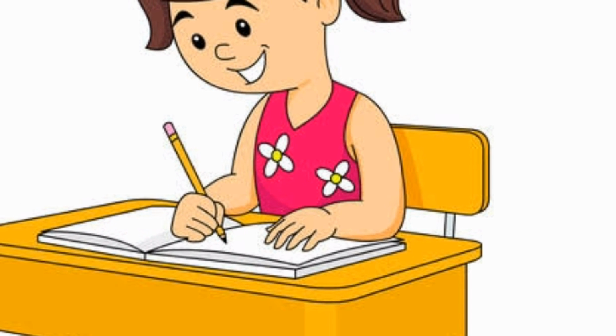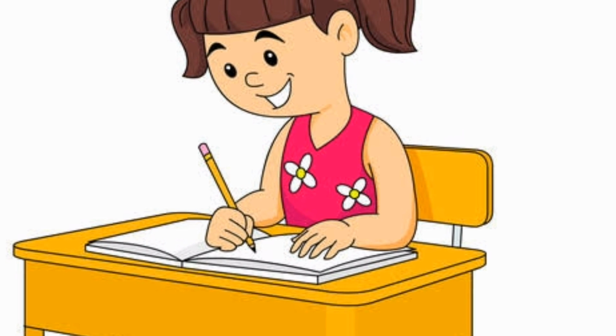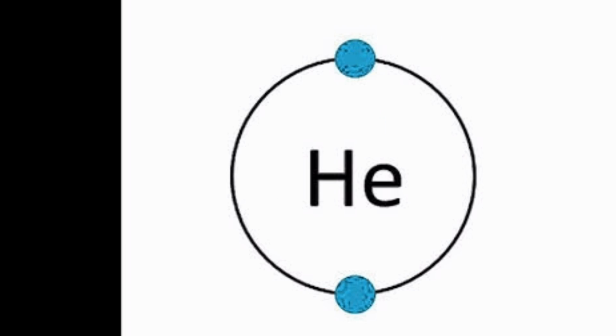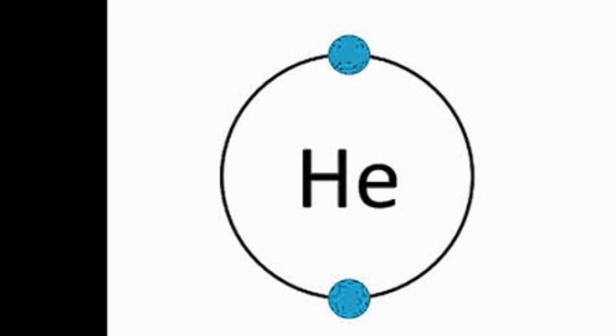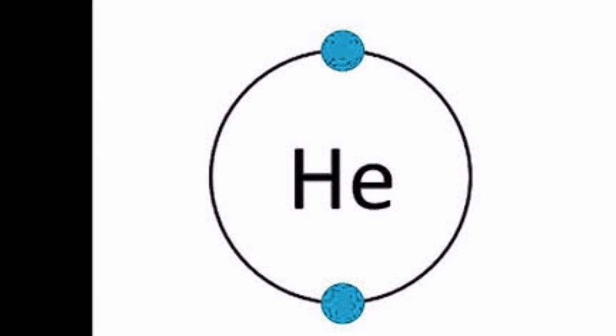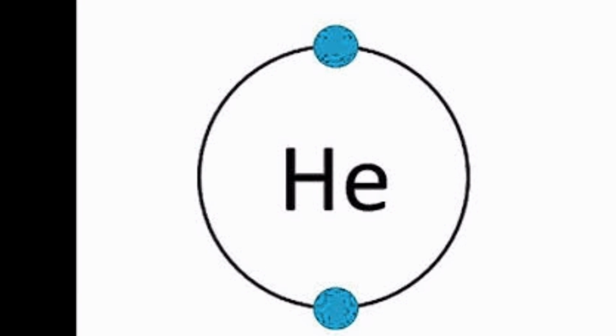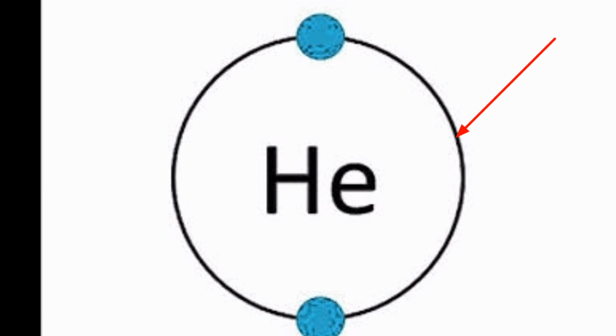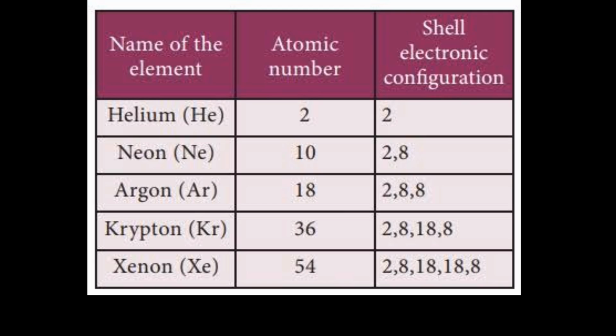Other than K, the shells L, M, N can have a maximum of 8 electrons at a time. We can call helium a duplet structure because it has only 2 electrons in the outermost shell, which is the K shell. The others have 8 electrons in the valence shell, and when 8 electrons are there in the valence shell, they are the most stable.